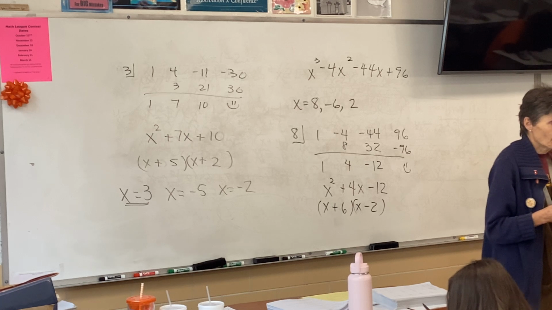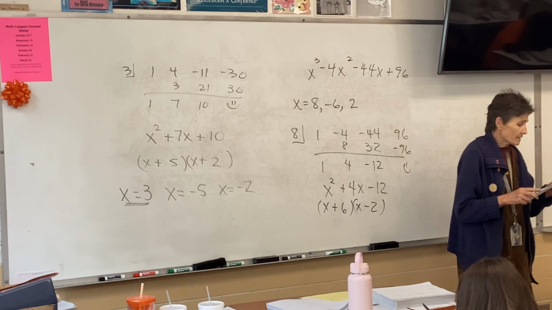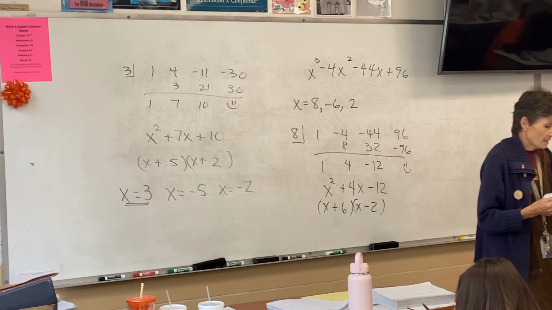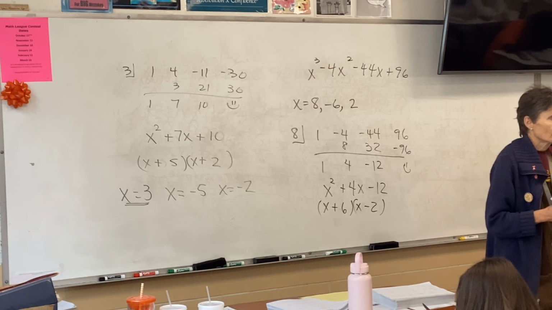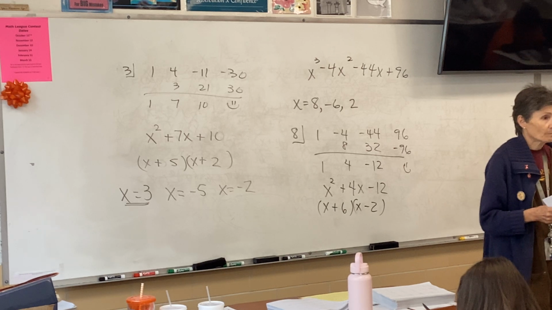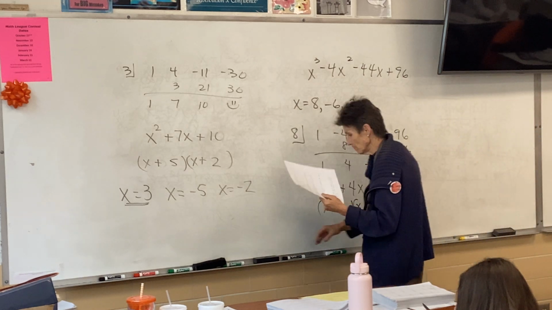Everybody good there? E is a no, because it has a negative exponent. Okay, everyone? All right, let's move on to number 2.